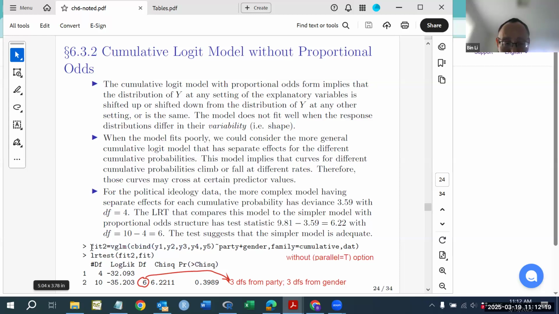You see, fit 2 is the one without proportional odds. That is without the parallel equals true option. So you look at this line. The main difference is in the family statement. Family is cumulative, that's it.